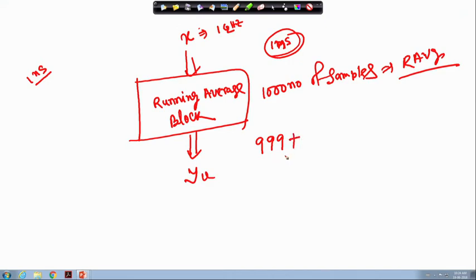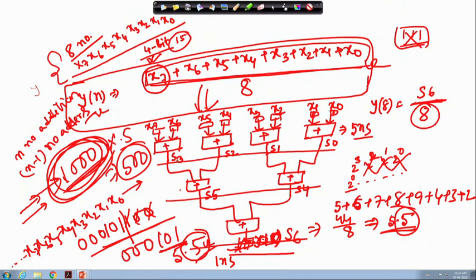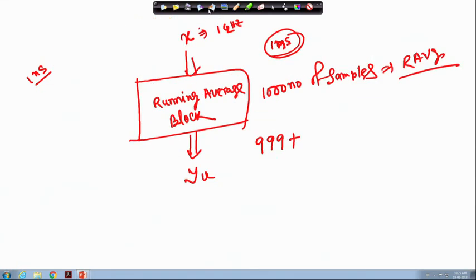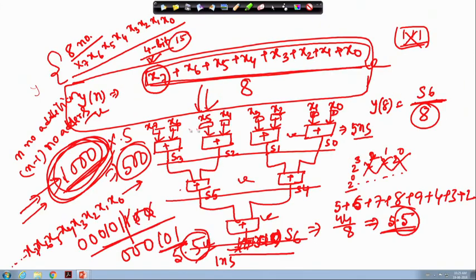Apart from that, I have to consider the corresponding adder delay of each stage, for these 3 stages. So, 3 stages are there, and each adder delay is 5. So, that will be the corresponding delay.